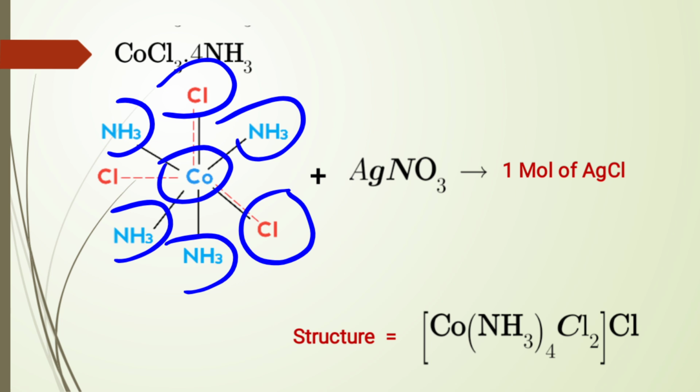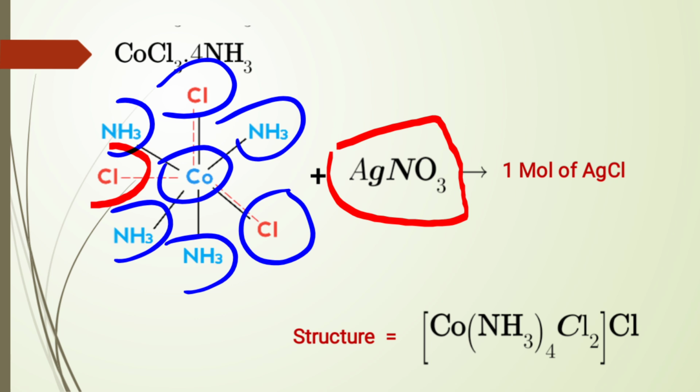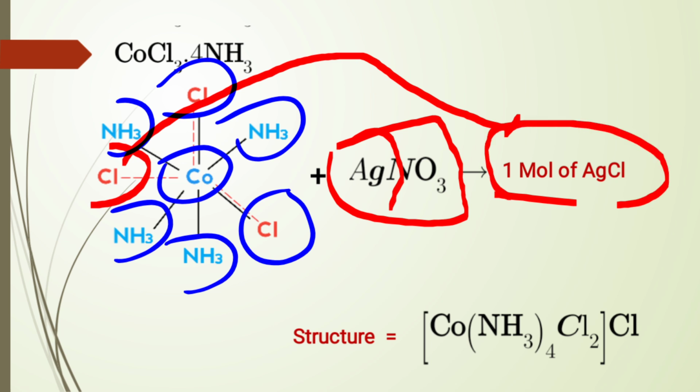Do you understand this? Then they are now directly attached to the central atom. Then they cannot go into aqueous solution. So therefore only 1 chlorine is left. So once this coordination compound is reacted with silver nitrate, only this one will react with the silver to form 1 mole of silver chloride. Do you understand this? So therefore the structure will be what?